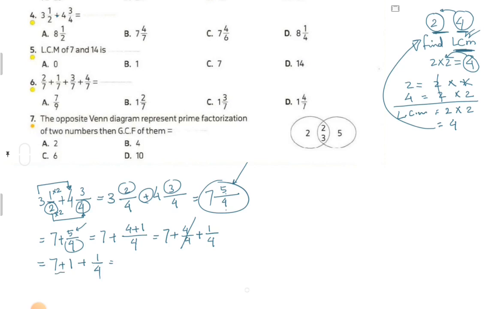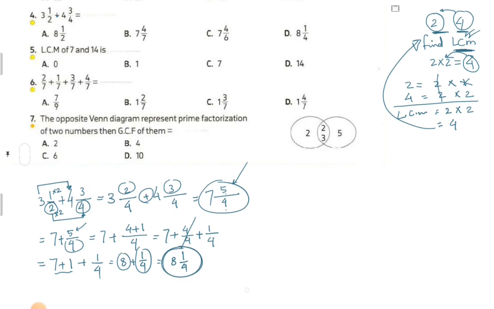Now I can add 7 plus 1, 8, plus 1 over 4, a proper fraction. A whole number and a proper fraction, I can put them beside each other as a mixed number.